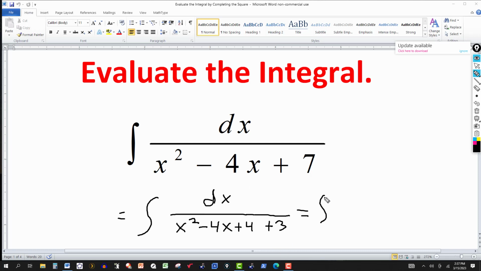This is equal to the integral of dx over, and then x squared minus 4x plus 4, that's a perfect square. So I complete the square on that trinomial, and that factors into the quantity x minus 2 squared. And I'm going to write 3 as the square root of 3 squared.